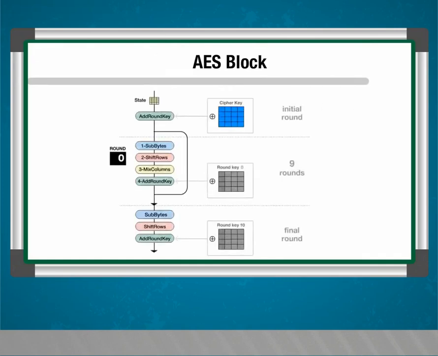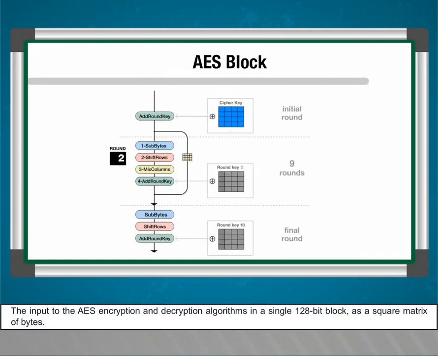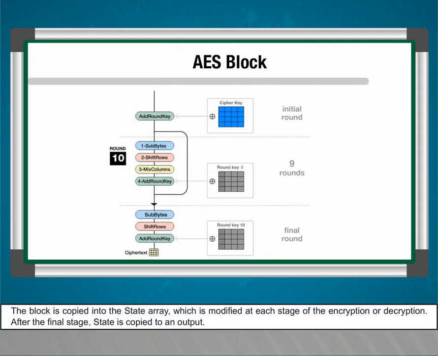AES block. The input to the AES encryption and decryption algorithms is a single 128-bit block as a square matrix of bytes. The block is copied into the state array, which is modified at each stage of the encryption or decryption. After the final stage, state is copied to an output.